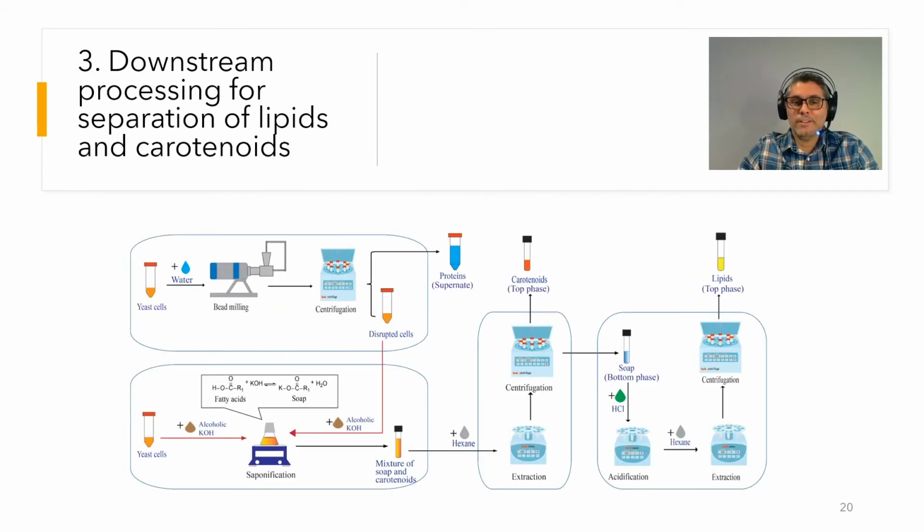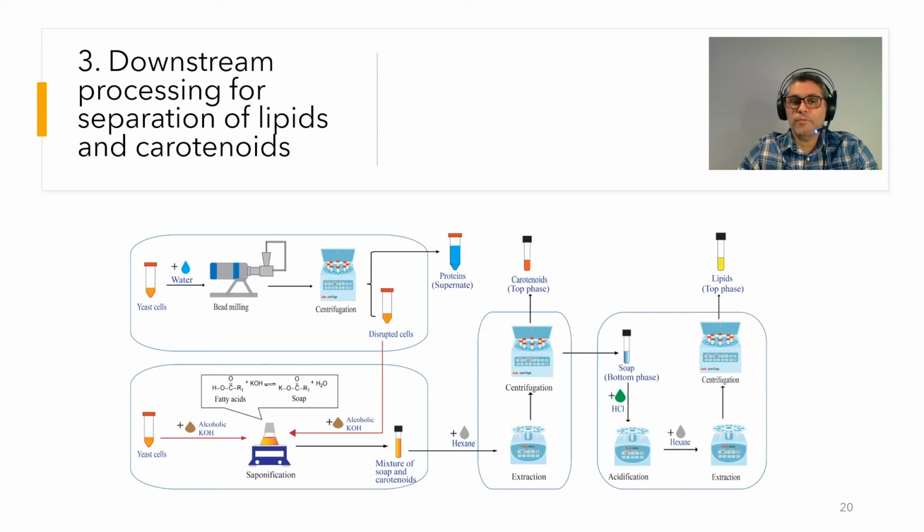In the last part of this study, we applied different strategies in order to improve the extraction and separation of lipids and carotenoids from Rhodosporidium toruloides. Saponification was used to fractionate the two bioproducts from the oleaginous yeast.